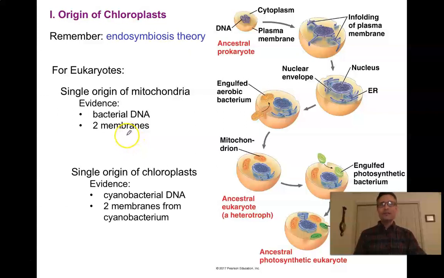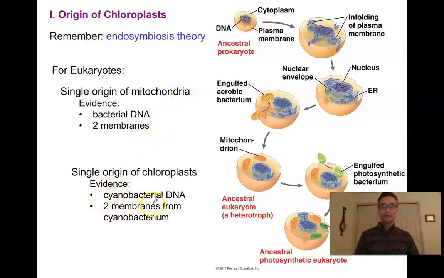Okay, now if all eukaryotes share a single mitochondrial ancestor, how about chloroplasts? It seems that there's also a single origin for chloroplasts, although it's going to get a bit trickier, as we're about to mention. So again, what's our evidence for chloroplasts originating via endosymbiosis?